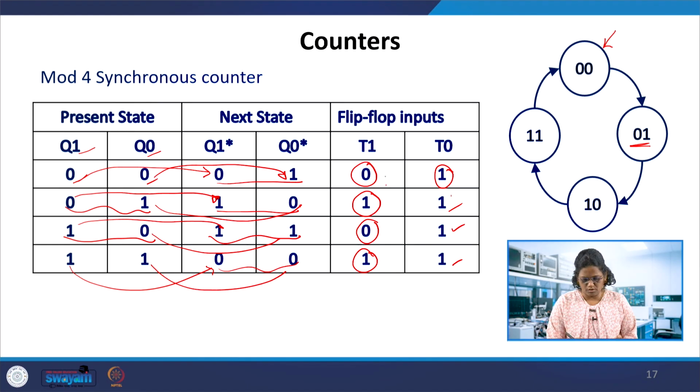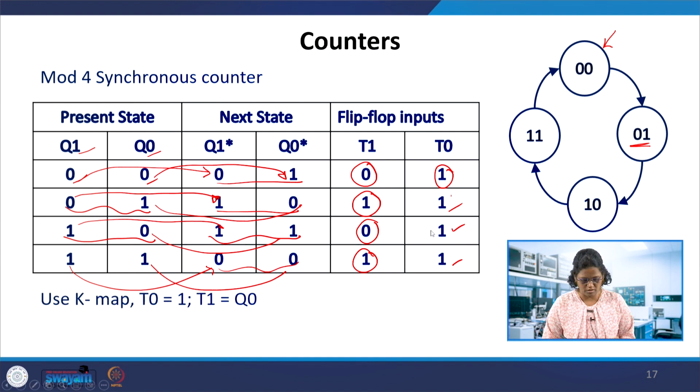Use the K map if there are only 4 states, but if you have more, we can already find the Boolean expression for T0 and the Boolean expression for T1.